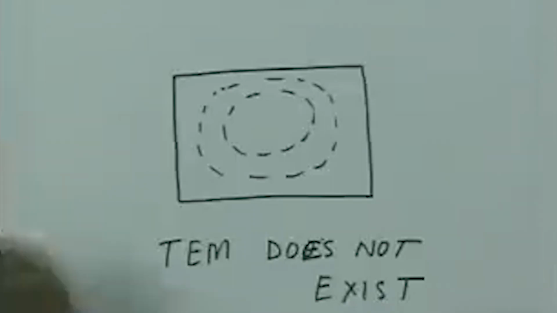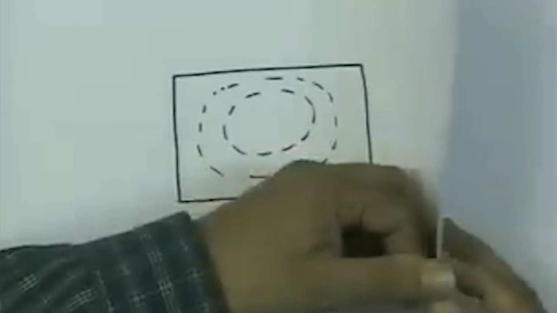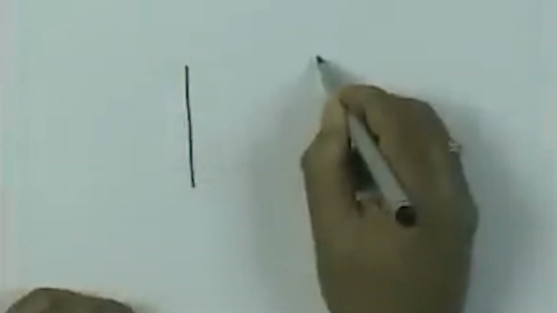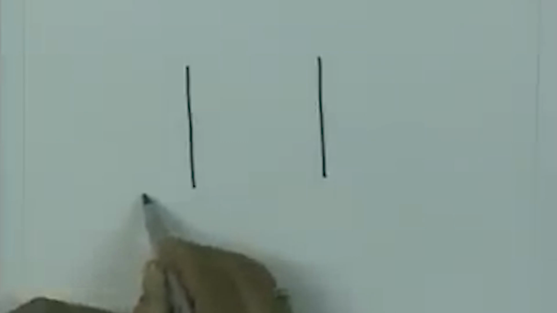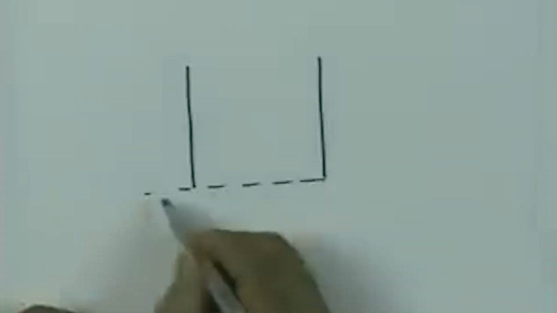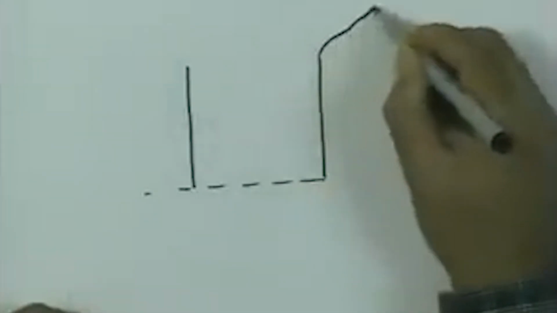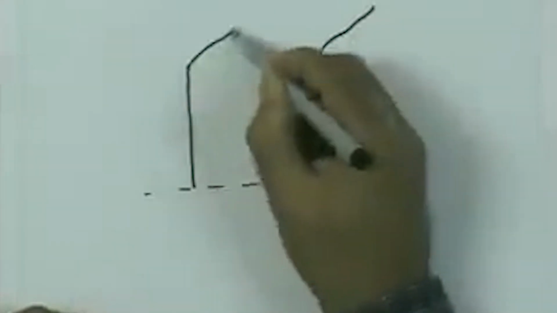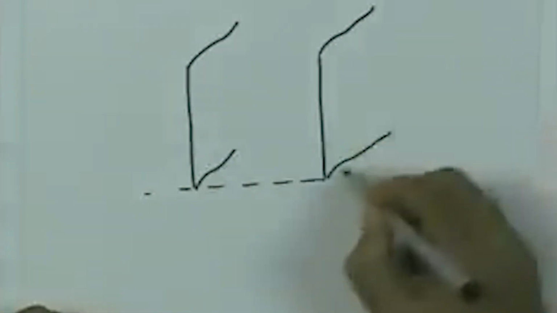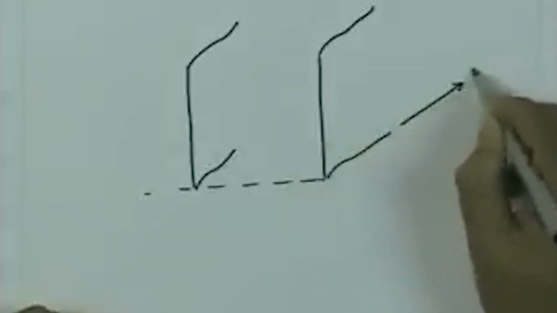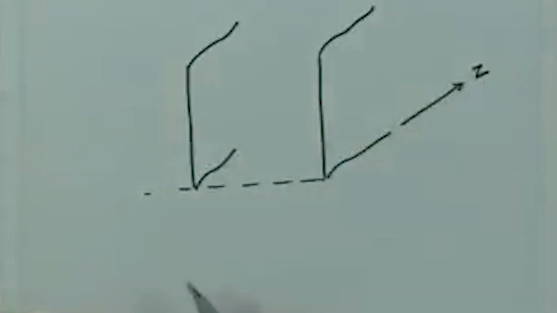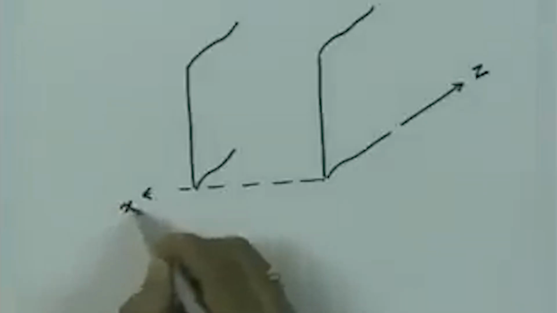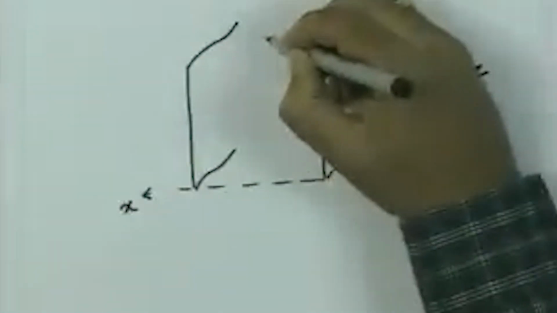So, what we are saying is, if I take this waveguide and push it to infinity, so these are the two walls of the waveguide, this is my coordinate axis, this is the direction which is the z direction, this is the x direction, and I am pushing these two walls to infinity.